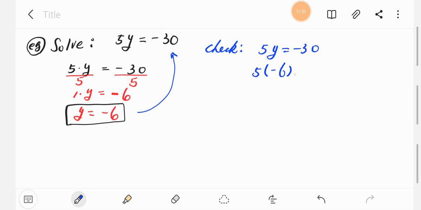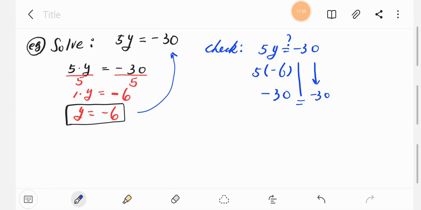Let's check whether this is true. The product of two different signs is negative. 5 times 6 is 30, so this is the same as negative 30. So yes, negative 6 makes the equation true. So negative 6 is the solution.